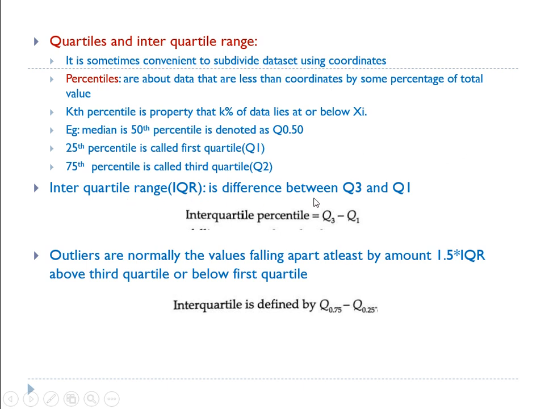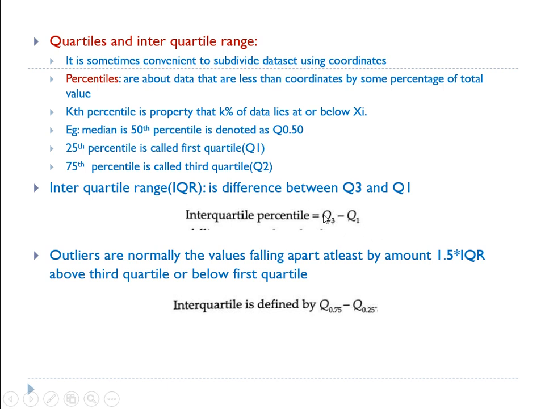So how do you calculate the IQR? We will do problems on this later in the next session. Basically it's the difference between the third quartile and the first quartile. So the interquartile range is the difference between Q3 and Q1. Next, outliers are the values, as we have discussed, which fall apart, and they should fall apart at least by an amount of 1.5 times the IQR.